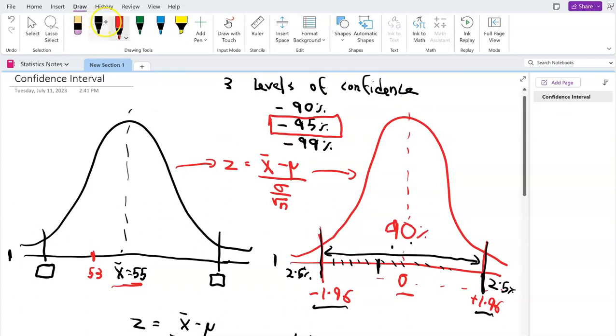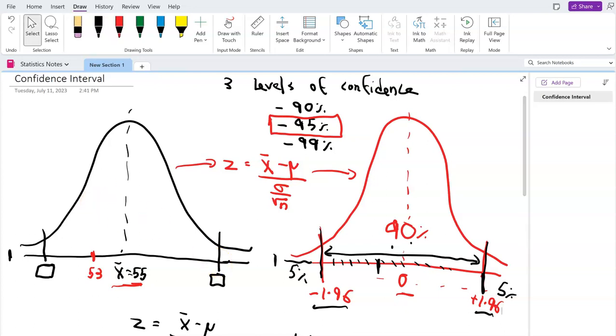And what's left over on the two sides is 10%. So instead of 2.5 on each side, if I have 10% left over, it will be 5% to the left and 5% to the right.